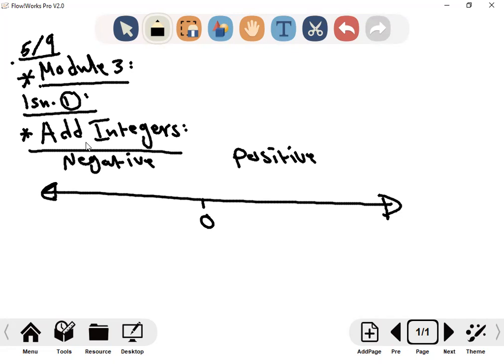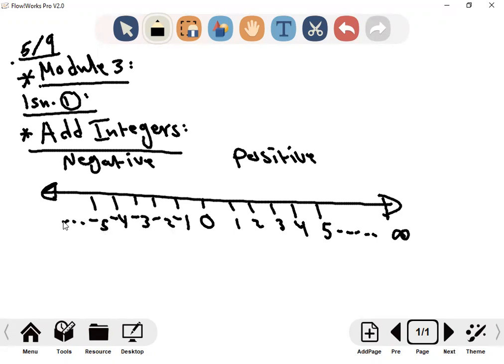Now, to the right, we have 1, 2, 3, 4, 5, until something we call forever, infinity. To the left, we have -1, -2, -3, -4, -5, until something known as negative infinity. Infinity and negative infinity means forever.